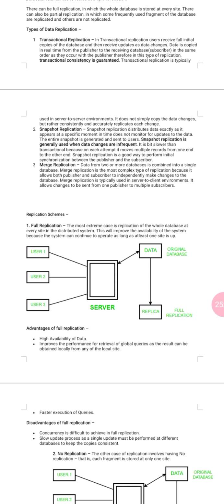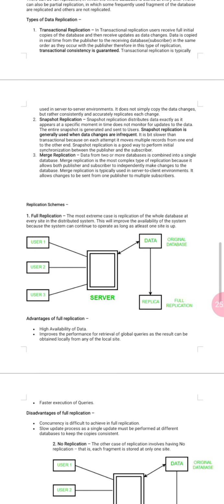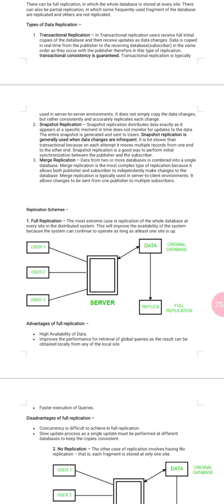In transactional replication, users receive a full initial copy of the database and then receive updates as data changes. Data is copied in real time from the publisher to the receiving database, that is the subscriber, in the same order as it occurred at the publisher.